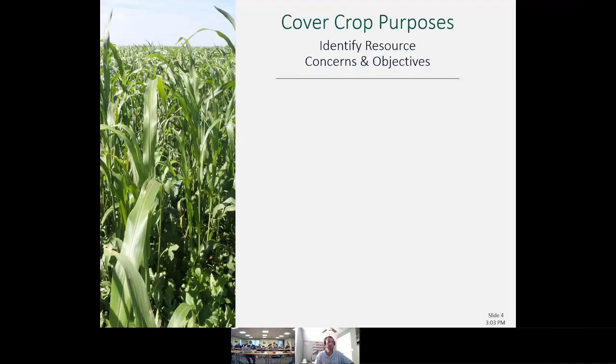However, there's one key thing we also need to be very aware and conscious of, and that is the producer's objective, because they may not see the erosion as being a problem or another identified resource concern. They may have the objective that they want to do something else. So we may have to see how our identified resource concerns complement the objectives that we would like to see addressed with that producer as well.